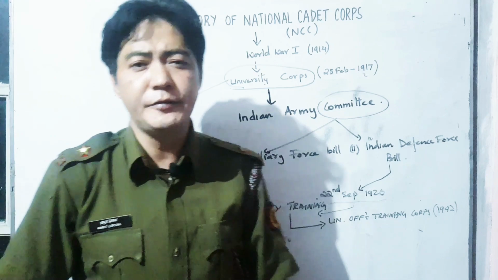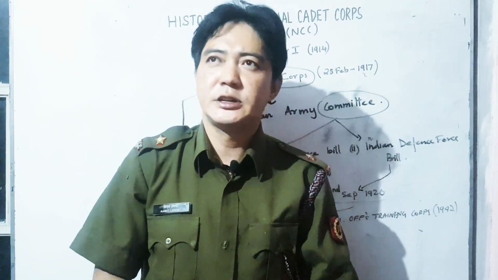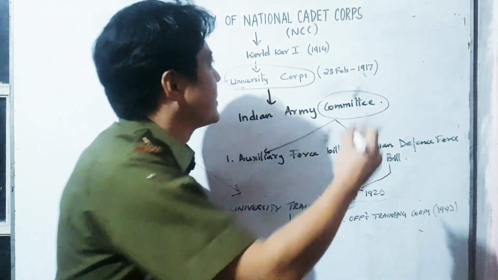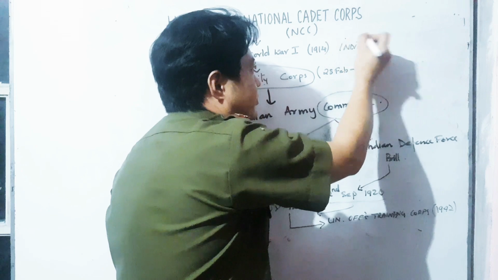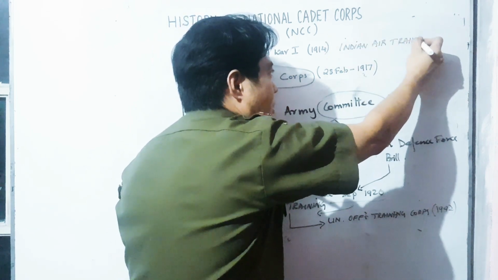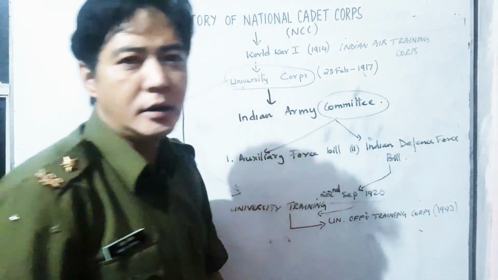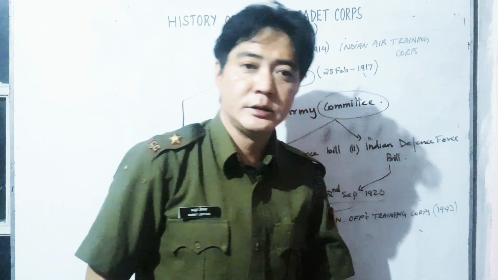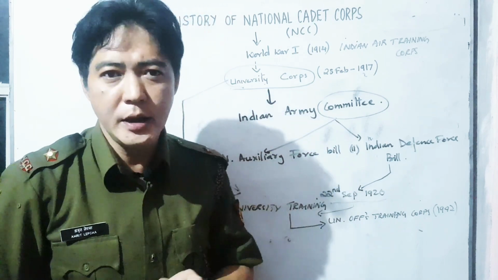With this process, different types of units in various parts of the country were established, such as the Indian Air Training Corps in Aligarh Muslim University, and the Sea Scout Corps, which must be in Mumbai.